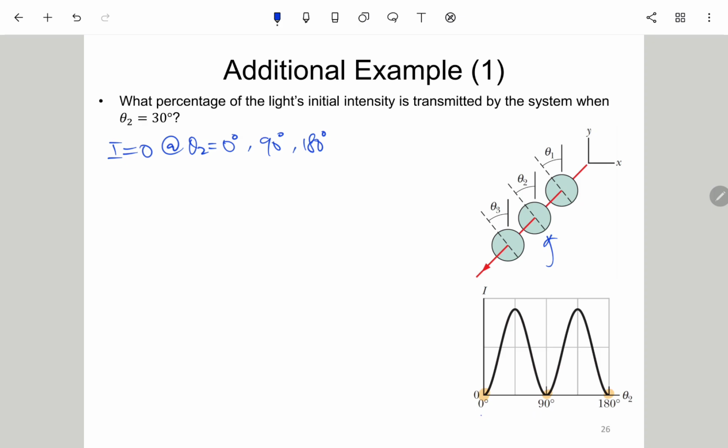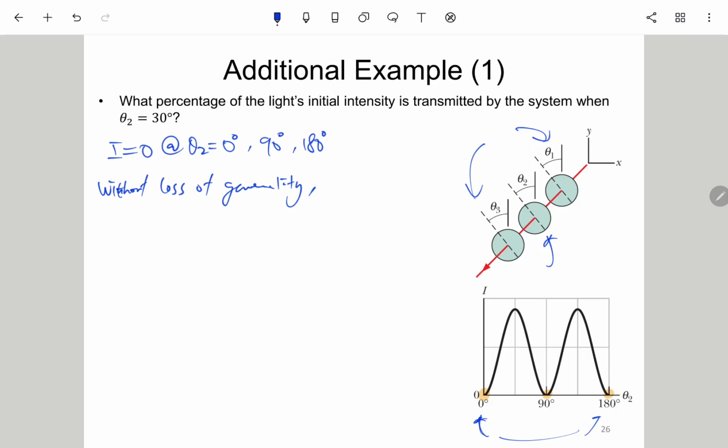Of course, 0 degree and 180 degree can be considered the same, pointing to this direction and that direction is considered the same. So we can simply imagine that one of sheet number 1 and sheet number 3 will be aligned to 0 degree, and the other one will be aligned to 90 degree. In that case, we will say without loss of generality.